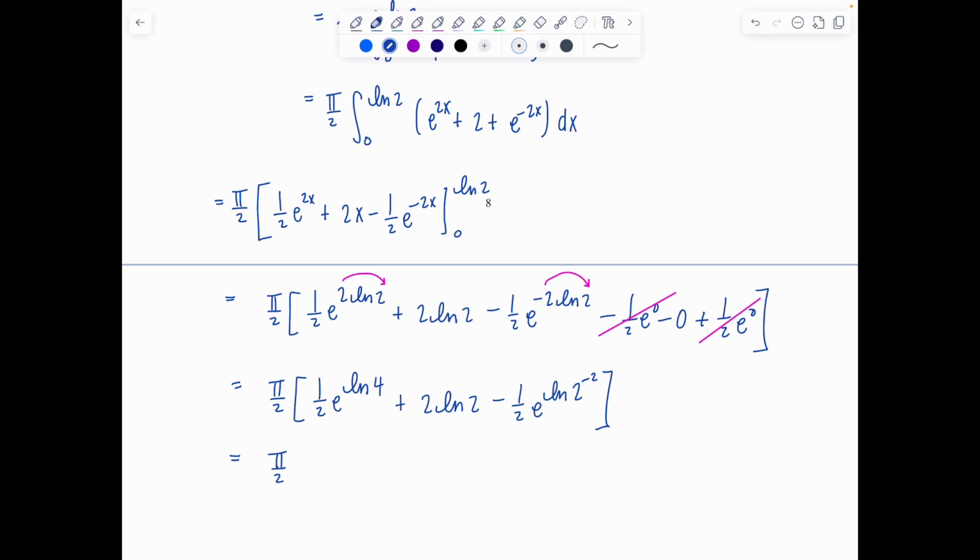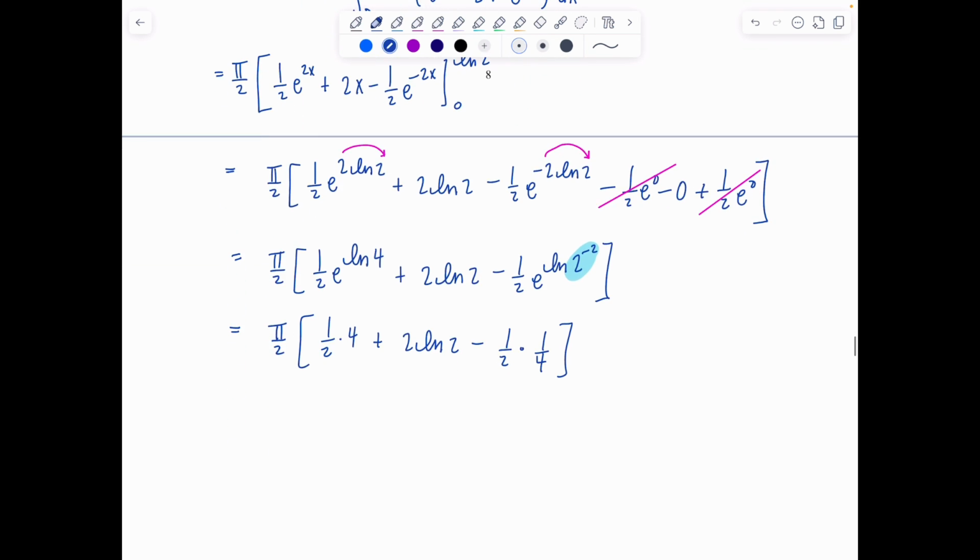So this is pi over 2 times 1/2 times 4 plus 2 ln of 2 minus 1/2 times 2 to the negative second, which is 1/4. So then we're left with pi over 2 times 2 plus 2 ln of 2 minus 1/8.